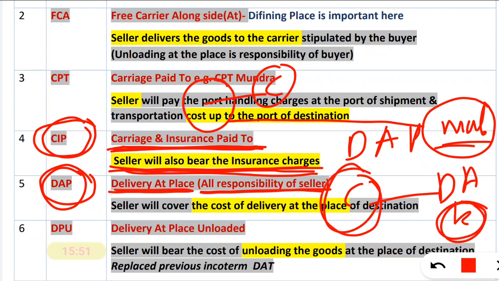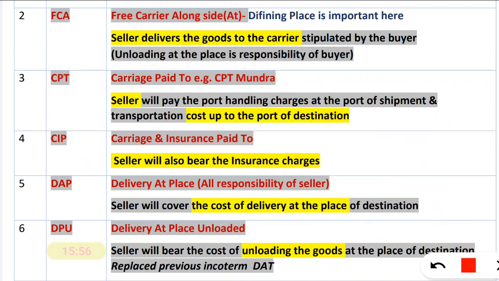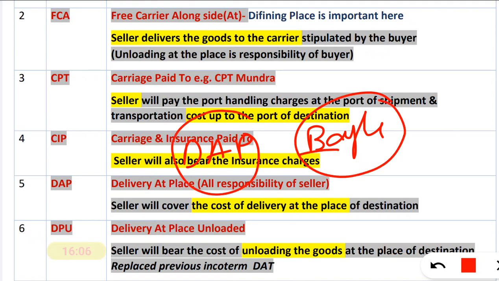If instead of a port I take a city like Bangalore, which is not a port, DAP Bangalore means delivery at the place of Bangalore. Whatever the cost, all till the delivery in Bangalore city is the responsibility of the seller.